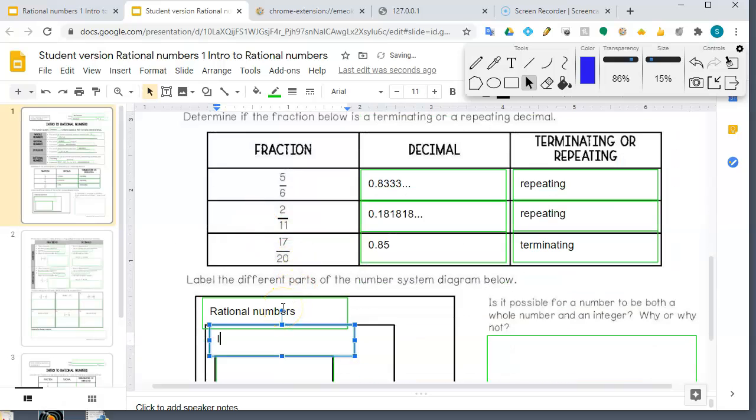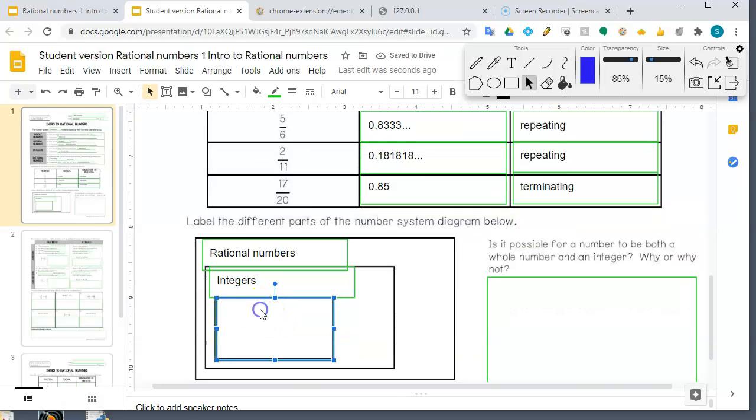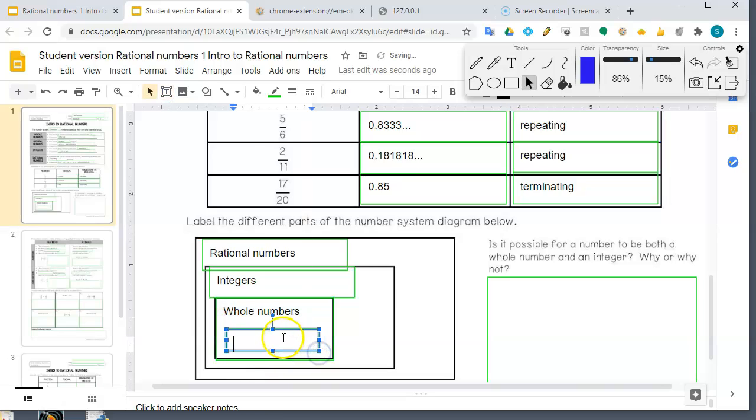Well, the integers include all the whole numbers. We're going to have the whole numbers here. Now, if we had another box inside of here, and you can draw it if you like, you could write the natural numbers. And that is our smallest set. The natural numbers.